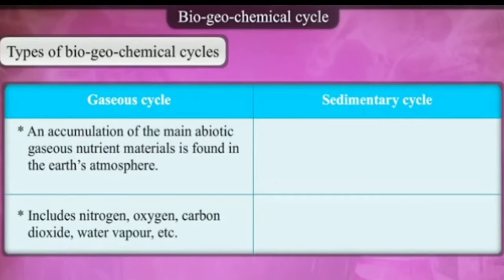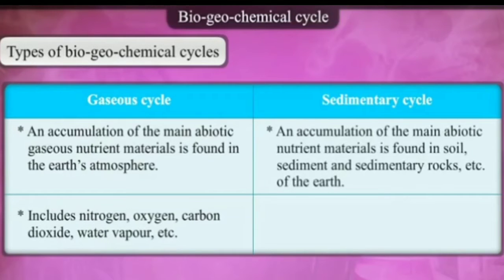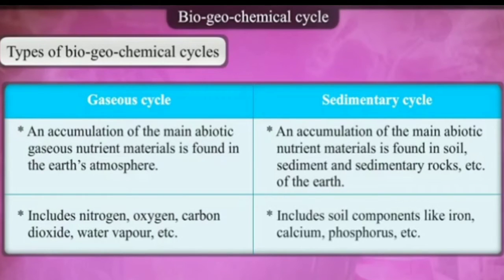Then is sedimentary cycle. An accumulation of the main abiotic nutrient material is found in soil, sediments and sedimentary rocks, etc. of the earth. So, it includes soil components like iron, calcium, phosphorus, etc. So, these are the two types of biogeochemical cycles.